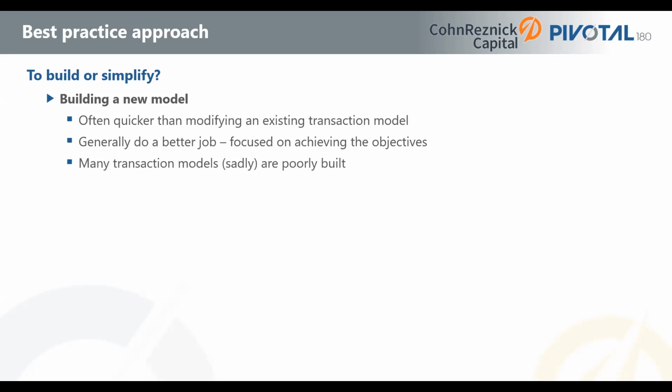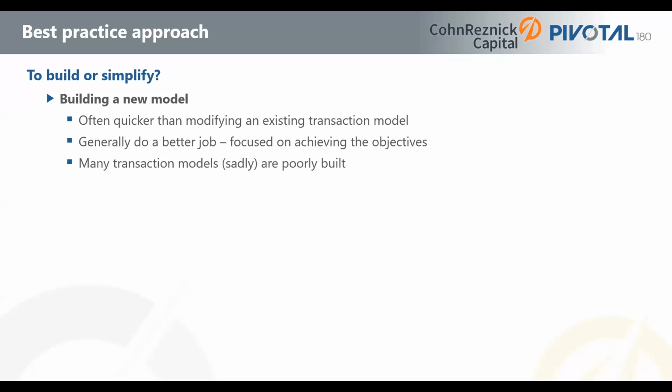All stakeholders need to be involved in that process. And the truth is, many transaction models are not well suited to being converted to an asset management model, especially bad ones. And finally, the discussion between asset management teams and deal teams in the process is a good educational exercise, and both the deal team and asset management team learn from each other, and it helps to develop that positive relationship between the teams.